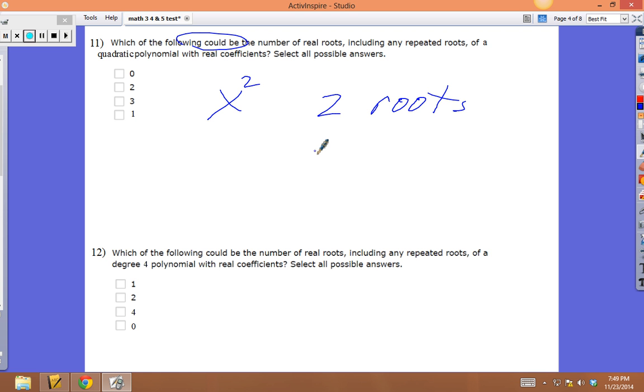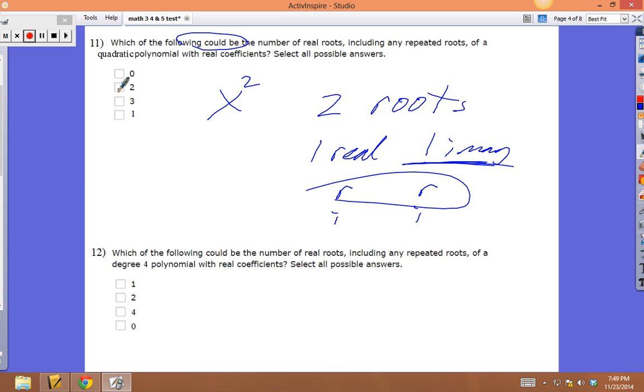There's no way to have one real and one imaginary, because you can never have lone imaginaries. They always have to be in pairs. So you've either got to have a real and a real, or an imaginary and an imaginary. So you can have two real, or you can have 0 real, because they both could be imaginary.